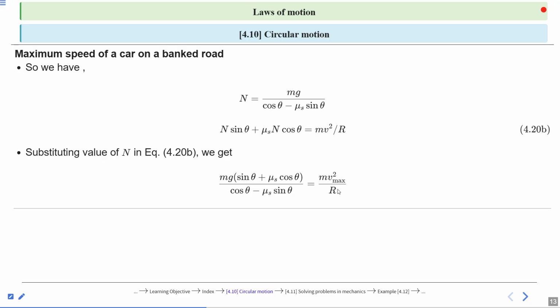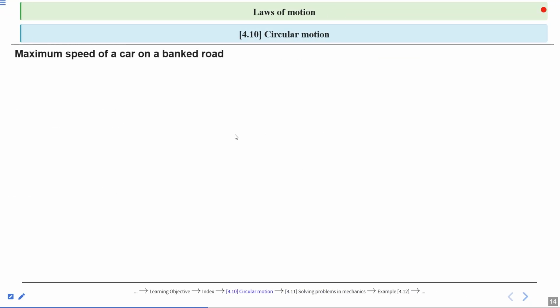Now using this equation we will find v max, that is, the maximum speed of a car on a banked road. So now solving further for v square max.